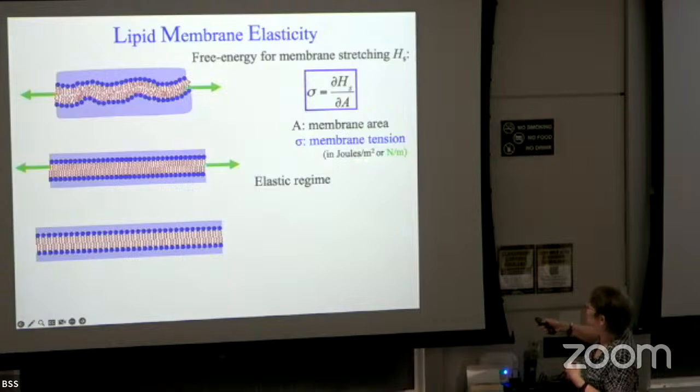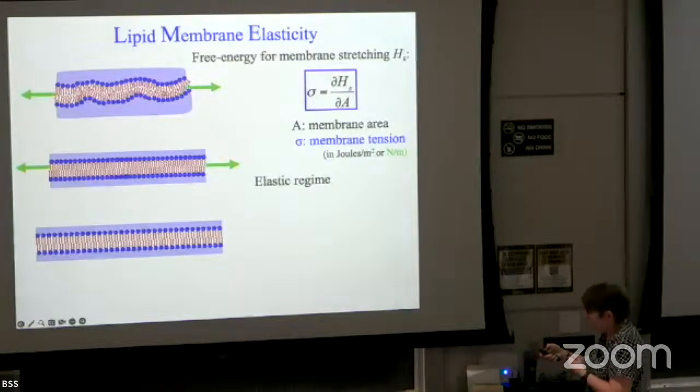And this parameter has a unit which is Newton per meter or joule per meter square, right? And if you take a piece of membrane and you start to stretch it, you will change its area, of course, and in this case, change its tension.